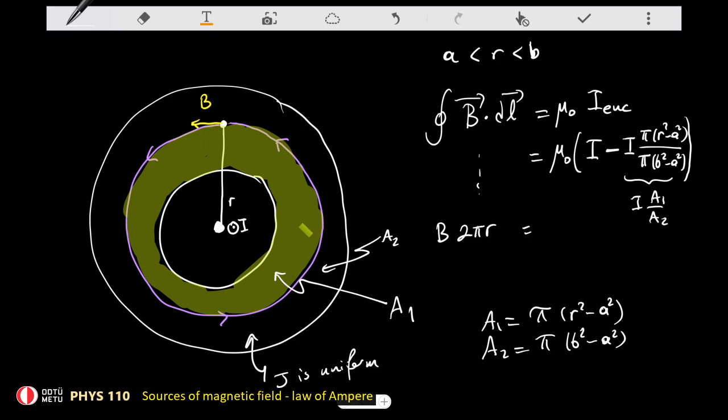All right, so let me then write this thing down on a new page. So therefore here the magnetic field, sorry about this, magnetic field multiplied with 2 pi r is equal to mu0 times I times (1 minus (r squared minus a squared) divided by (b squared minus a squared)).